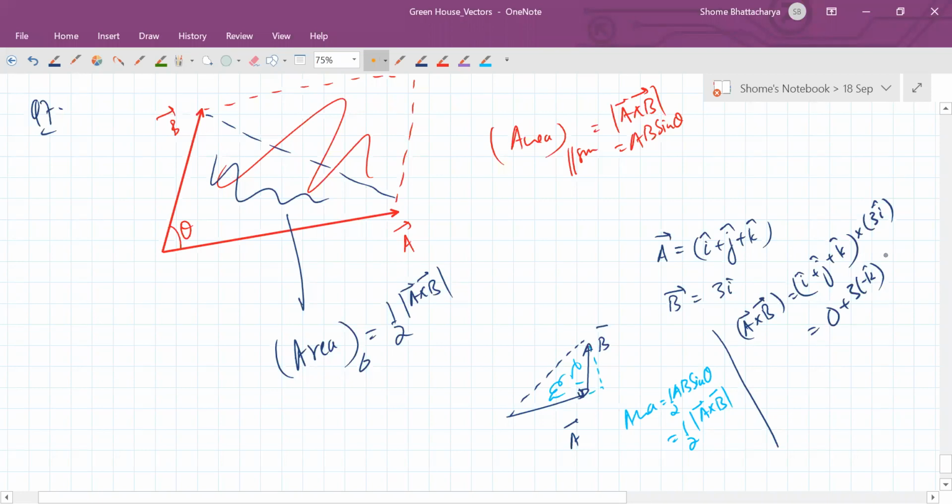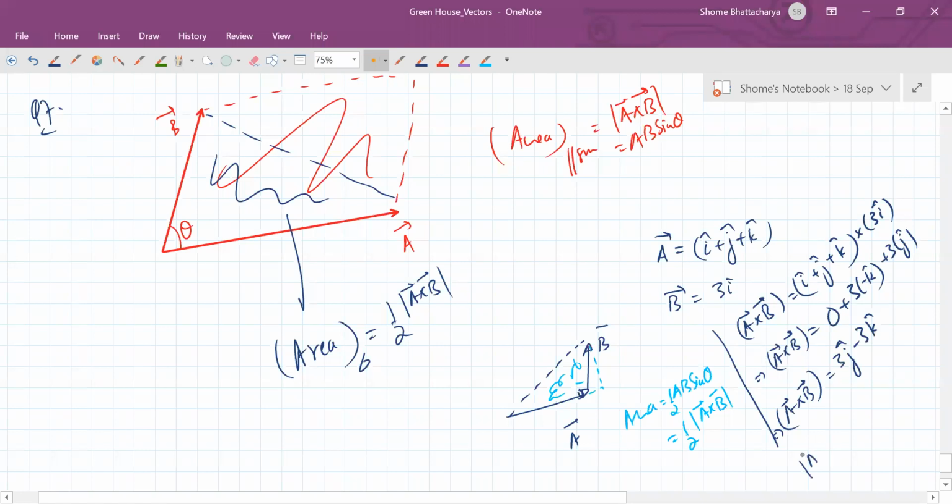Okay. And then plus 3 again, k cross i is what? It is j. Okay. So the cross product is this. I've not used a matrix or anything, I've just opened this bracket here. So A cross B is 3 j minus 3 k.